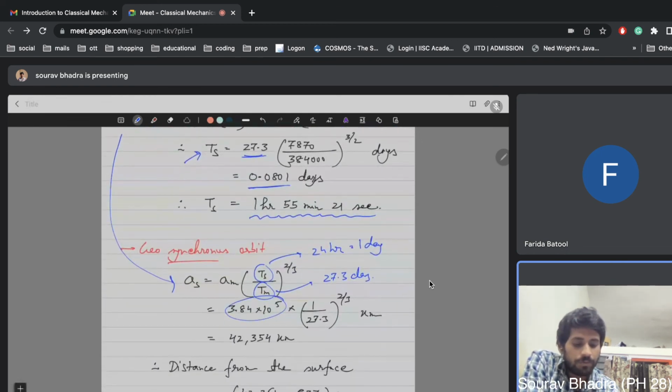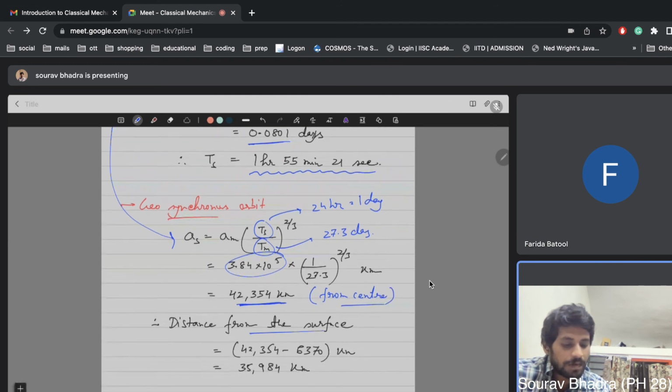If you put in all these values, you will get as, the distance of the geosynchronous orbit from the earth's center, as 42,354 kilometer. If you calculate from the surface, then you just deduct the radius of the earth, which is given as 6370 kilometers.